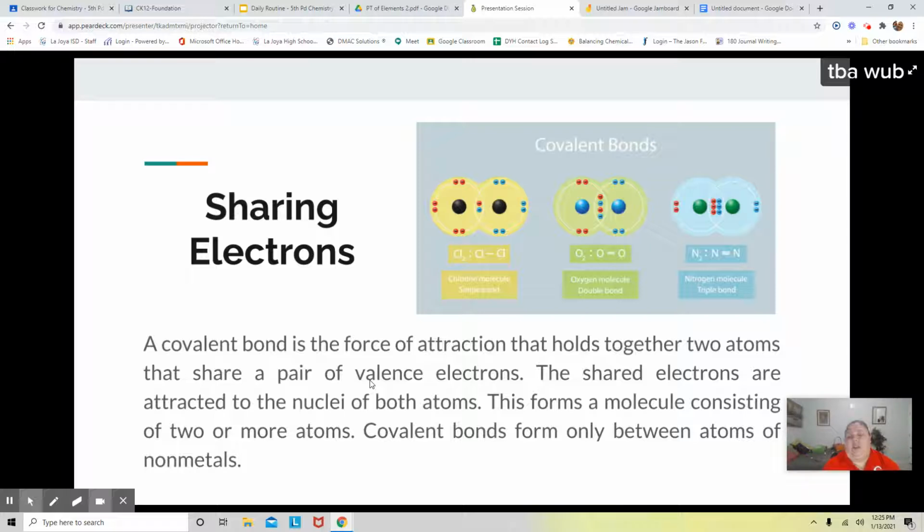So you have attractions, just like you did with the cation and anion. But this time, that positive and negative force is the positive nucleus and the negative electrons. The electrons from the opposite atom get attracted to the nucleus of the other atom, and vice versa.